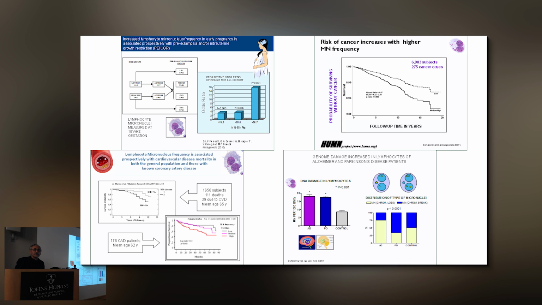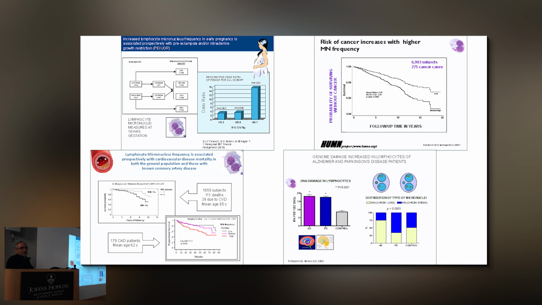And then we also need association studies with disease. But furthermore, we also need, ideally, prospective studies that show that the biomarker, when it is high, in this case of DNA damage, is associated prospectively with increased risk of an illness. I'm showing you here some 4 examples for the micronucleus index in lymphocytes.